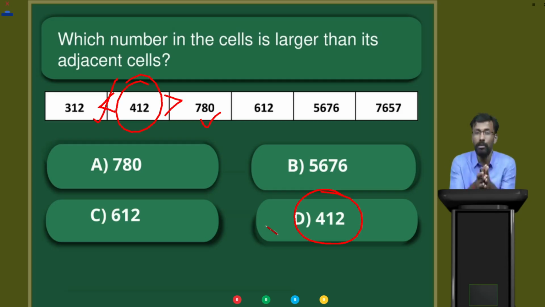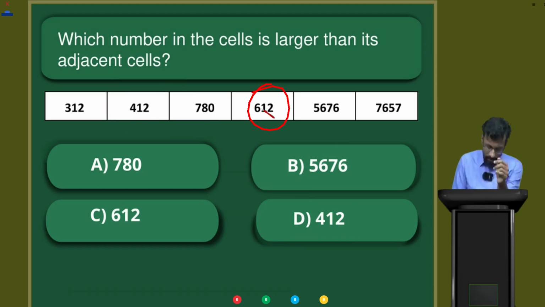What do you think? 780 and 412, which will be the greater one? 780. So it is also not possible. So option B and option D are eliminated.